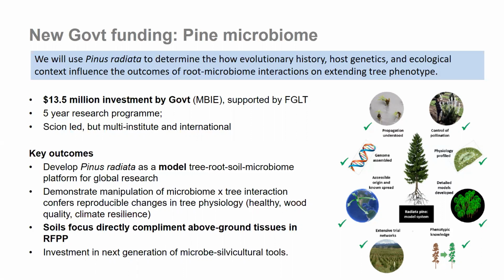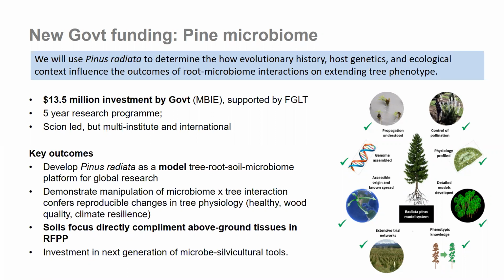So a key outcome for us is the development and establishment of Pinus radiata as a model tree root soil microbiome platform globally. And the reason that we want to do this is that our resources and the amount of time we have available to make these gains in New Zealand is quite limited, and we want to be able to harness what people can do globally.